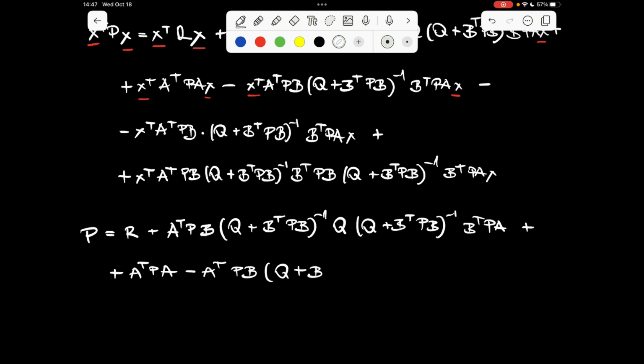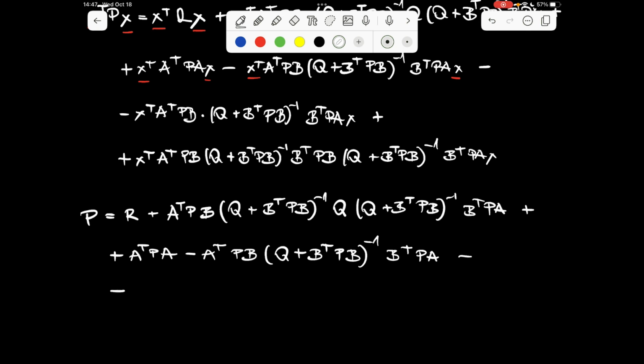I think you have already realized that there is a pattern in this equation. So some parts of the expression show up time and again. So some parts cancel each other.